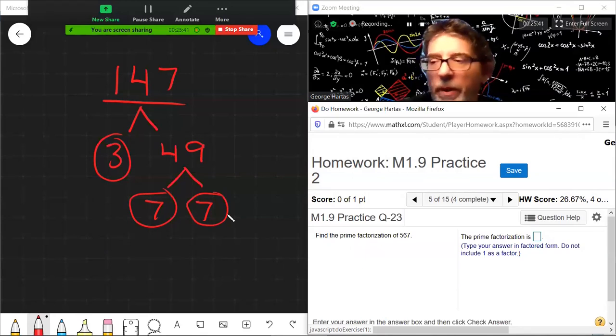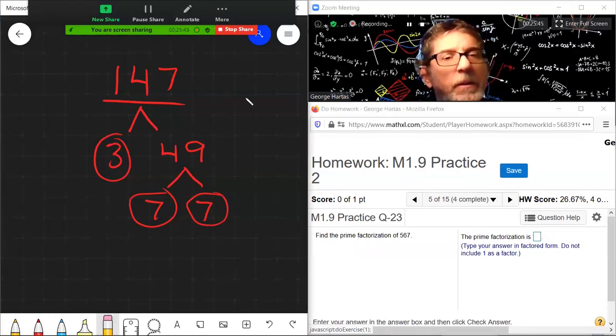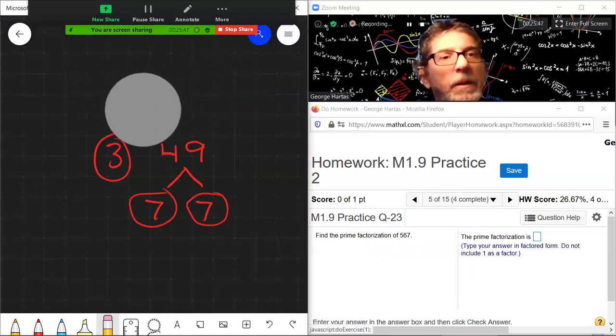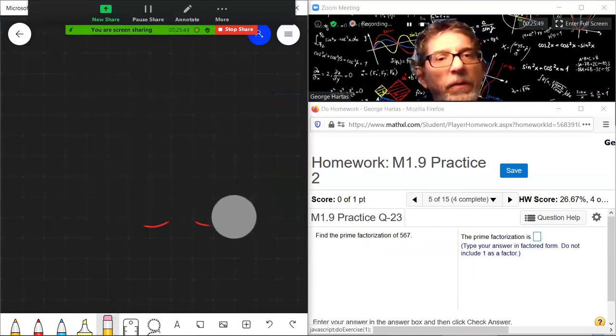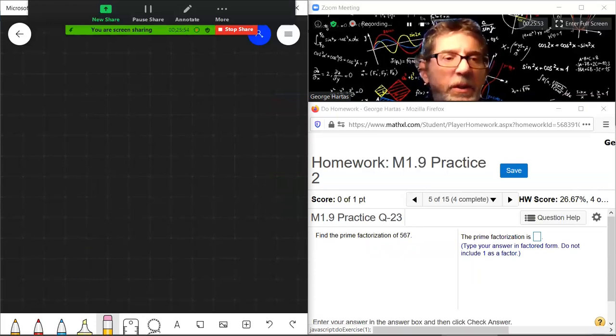Well, here's a nice big one here. All of a sudden, they throw this big number at us. Lucky for us, we know our divisibility rules, right? Correct. So, 567.